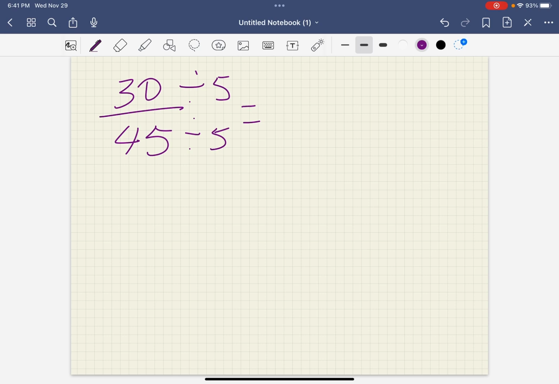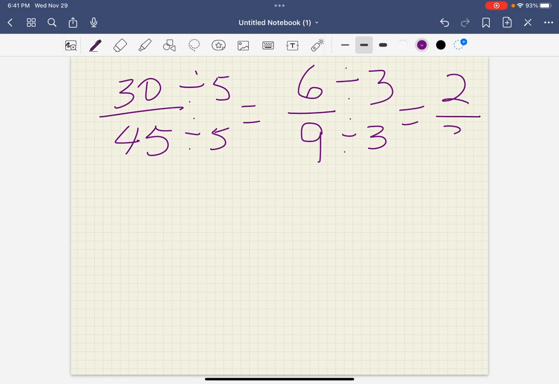And we'll end up with 30 divided by 5 is 6, and 45 divided by 5 is 9. Now, it's not completely reduced. What goes into both 6 and into 9? Okay, 3. So 6 divided by 3 is 2, and 9 divided by 3 is 3. That is lowest terms.